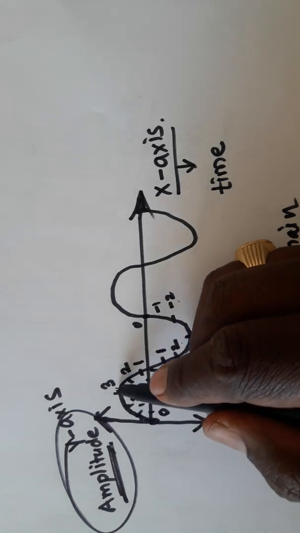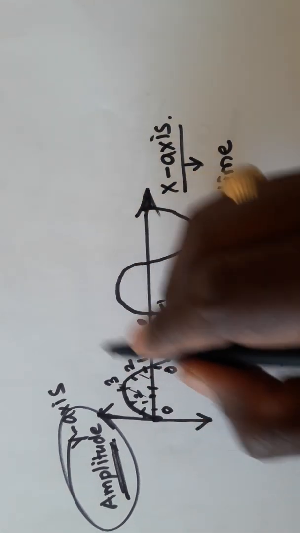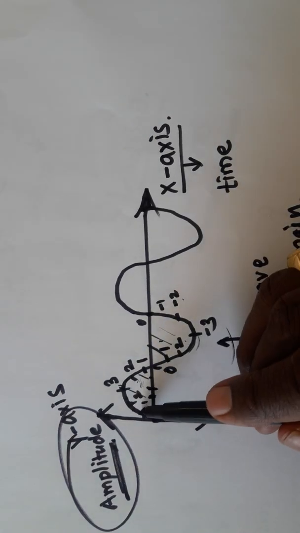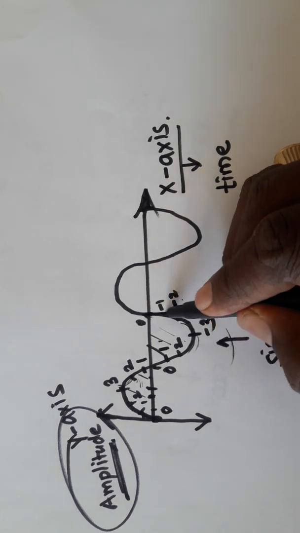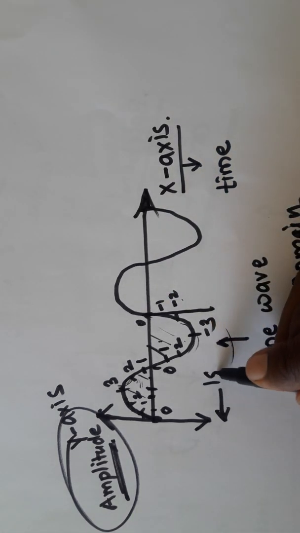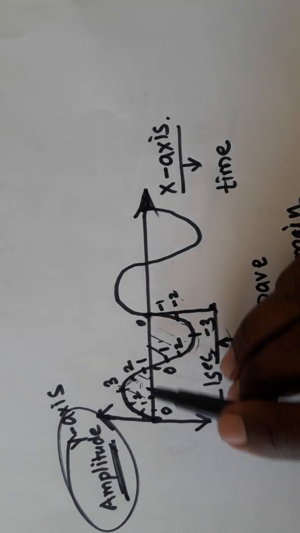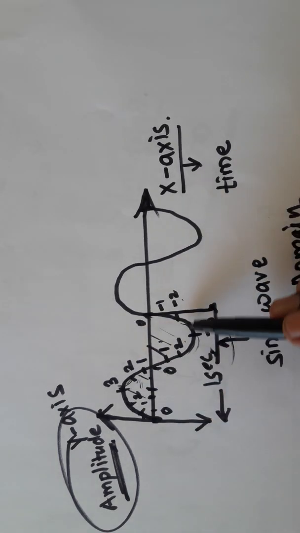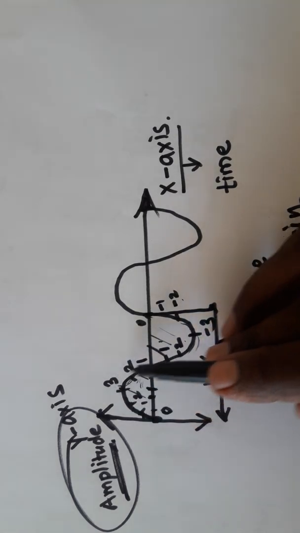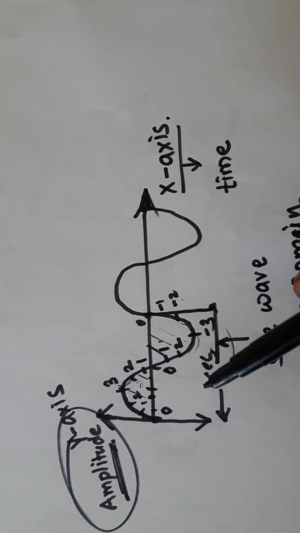Now suppose this is your half cycle and this is also a half cycle. The combination of two half cycles becomes one full cycle. The total number of cycles passed within 1 second is called frequency. So if the cycle is 1, then it becomes 1 hertz, if 2 cycles are passed, then 2 hertz.